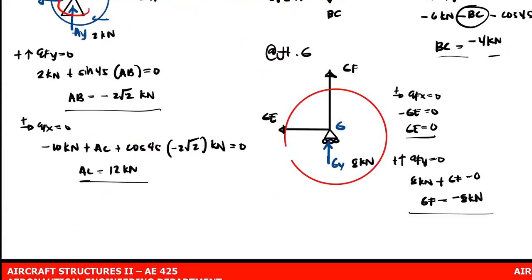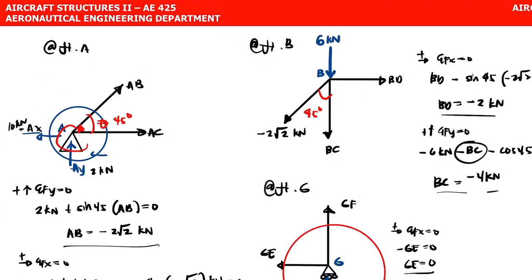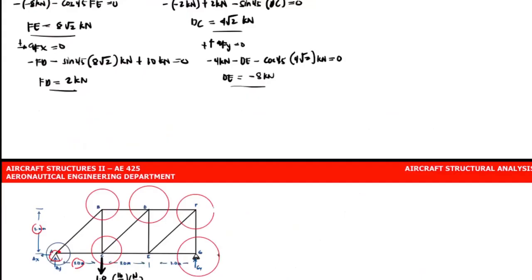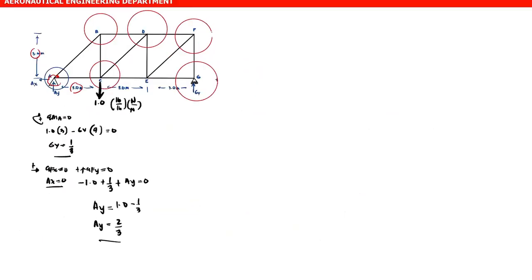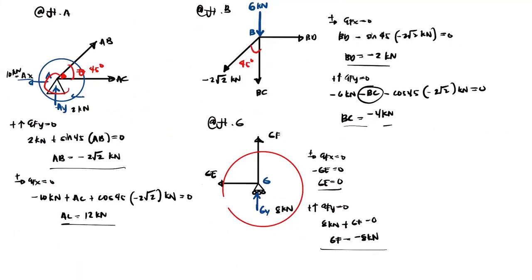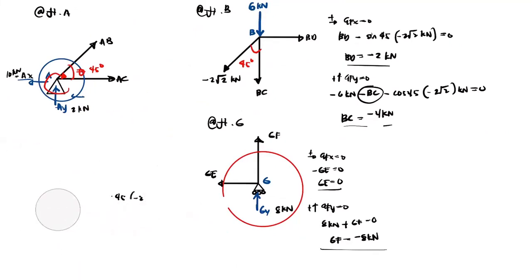Joint A na wala ng reaction. So, dito, copy ko lang to, yung page na to. Copy. And then, i-paste ko na lang dito, guys, para madali. Okay. So, dito, burahin ko lang to.